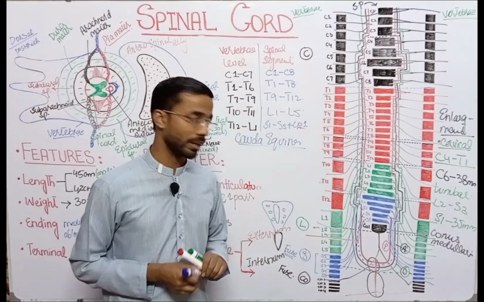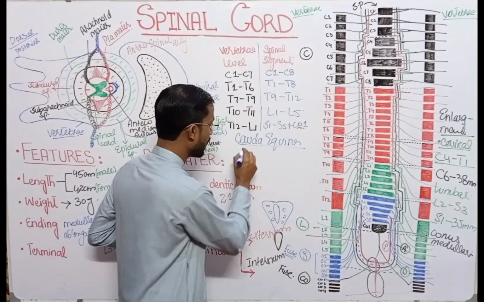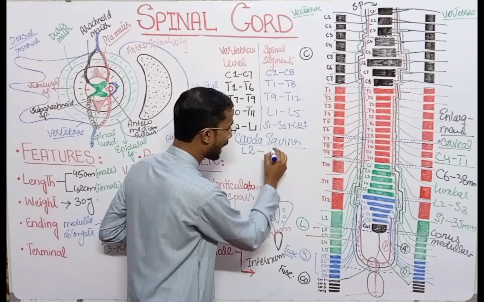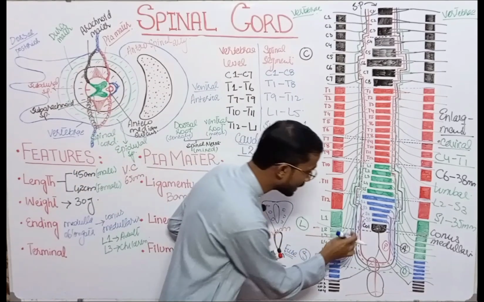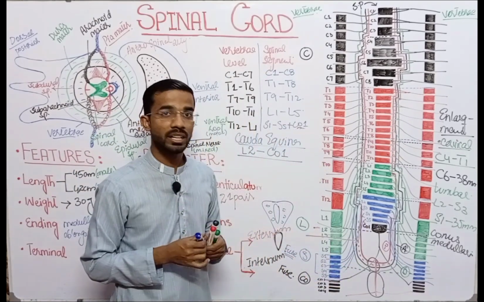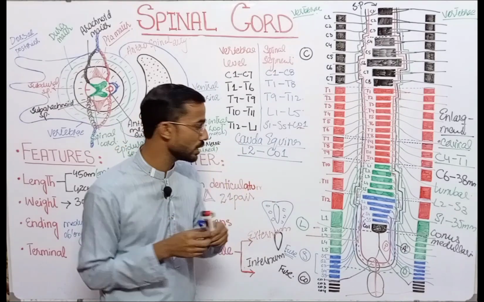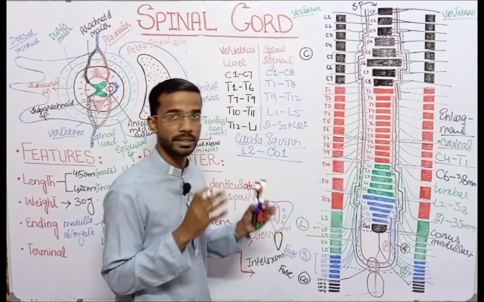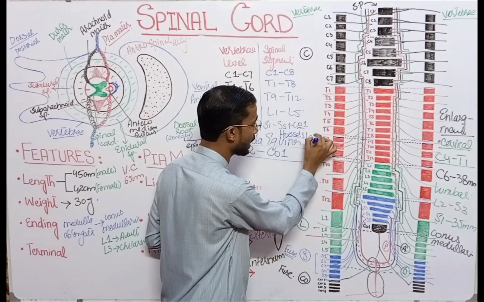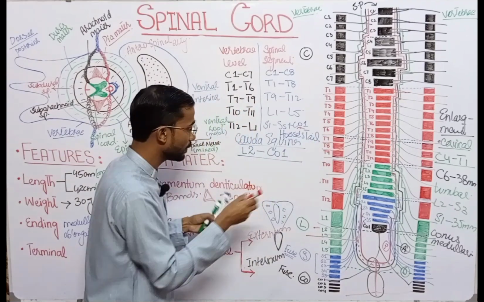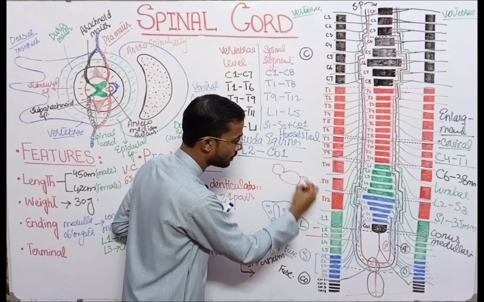And the last point is the cauda equina. Here you can see below the L2 level, down to the coccygeal 1 vertebra, the different spinal nerves form a collection, and they actually look like hairs. That's why we call it the horse tail. As you see, this is a horse and you will see the tail.